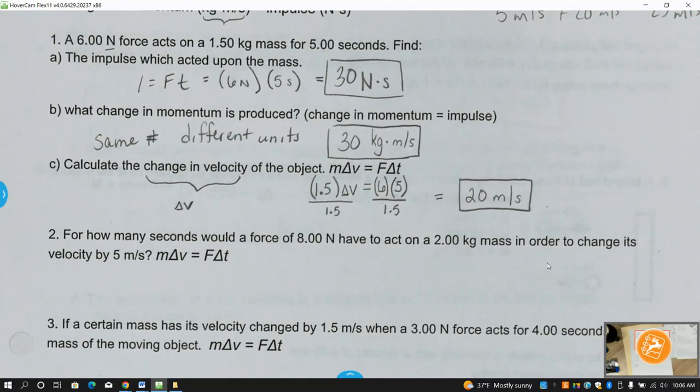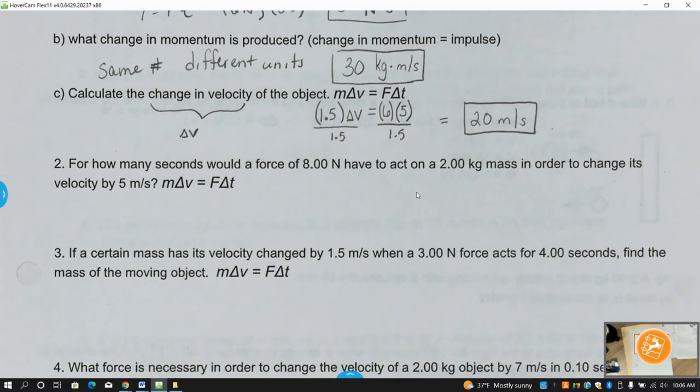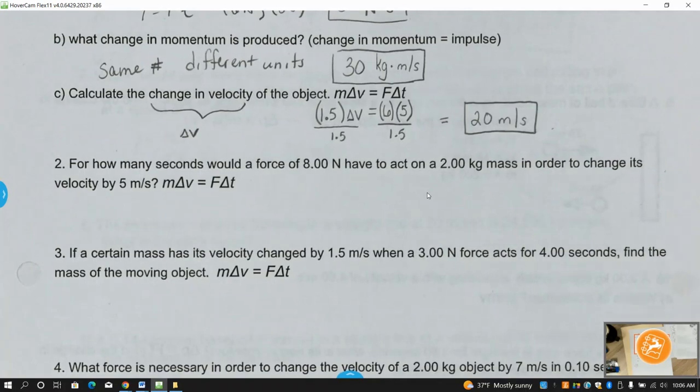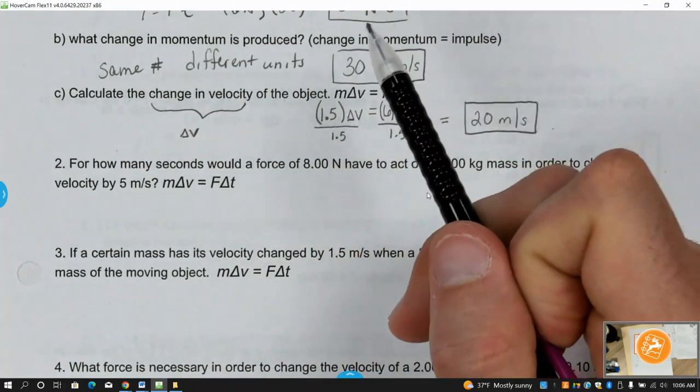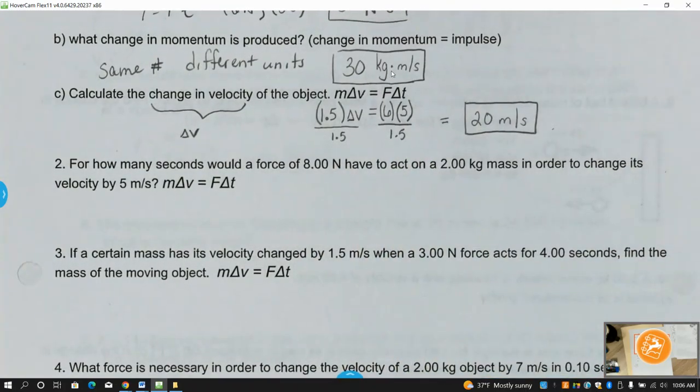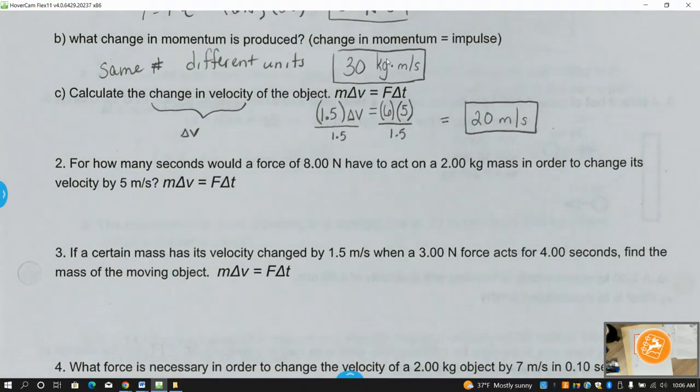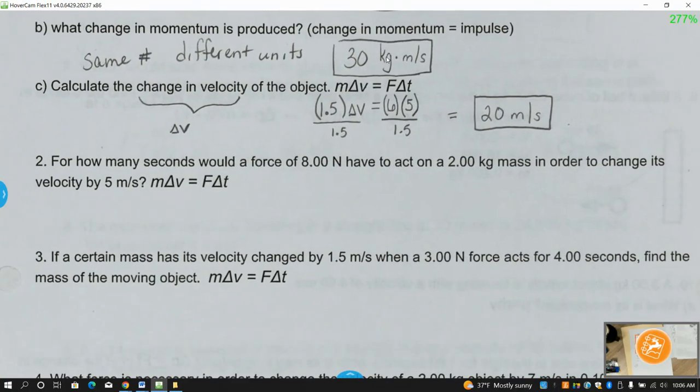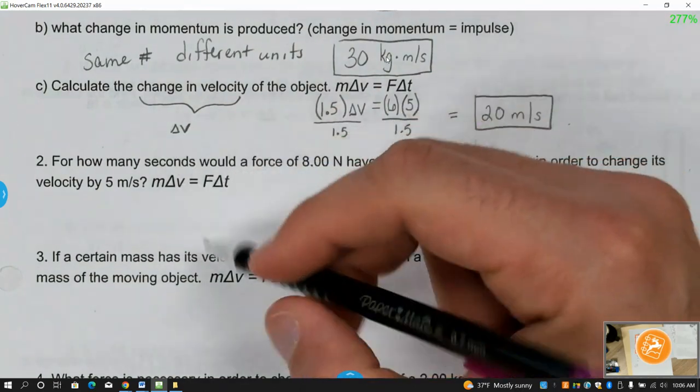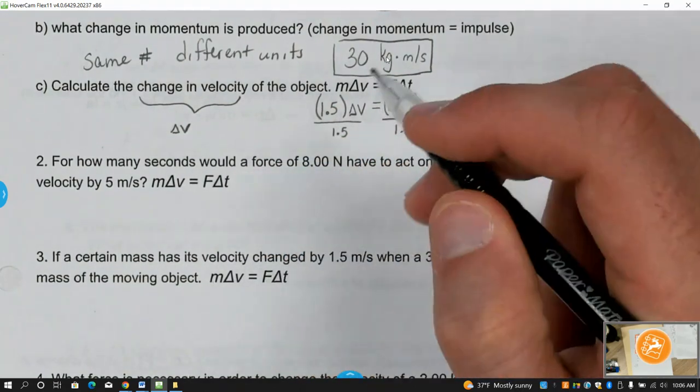Okay, this one should be pretty simple. Again, my advice would be to put the variables underneath the letters.